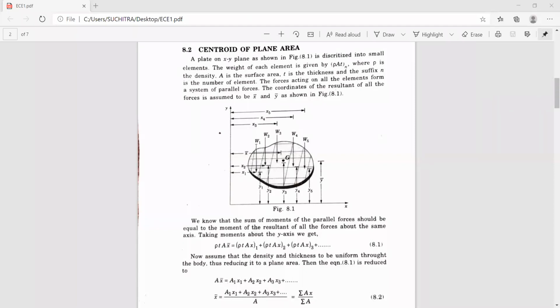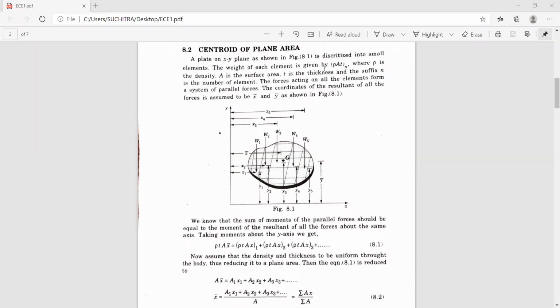Each of these elements constitutes a certain weight, that is W1, W2, W3, W4, W5, and this weight will act at the center of each elemental strip. Now, a plate on the XY plane as shown in the figure is discretized into small elements.